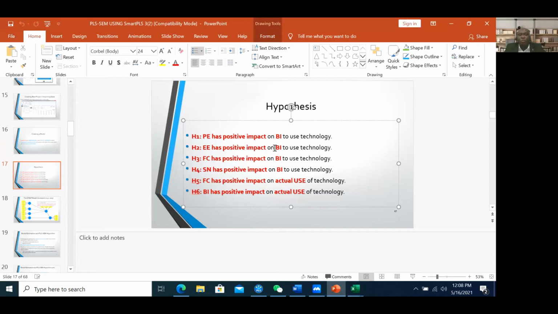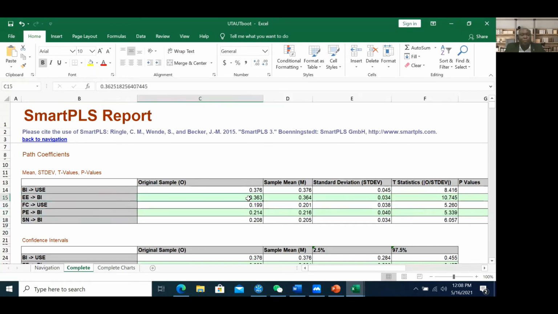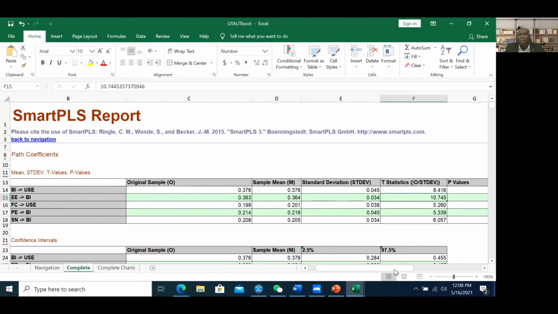EE has a positive impact on BI. For instance, if you were to say EE has a negative impact on BI, then you'd be expecting the path from EE to BI to be negative, with the T statistics significant and the p-value significant.